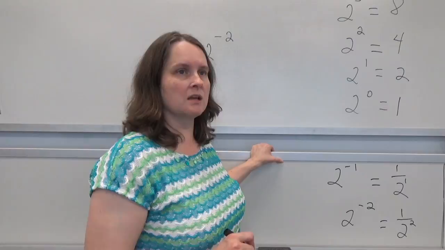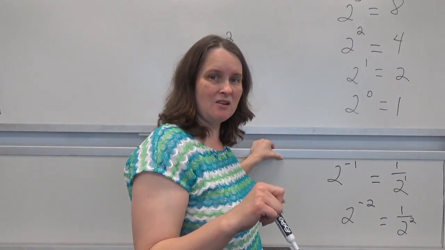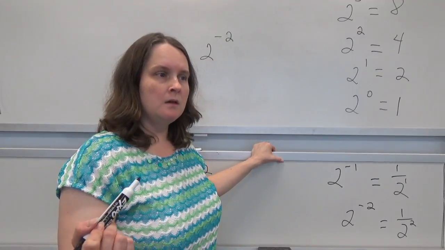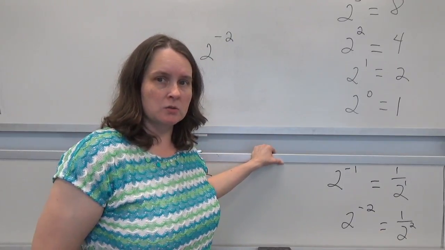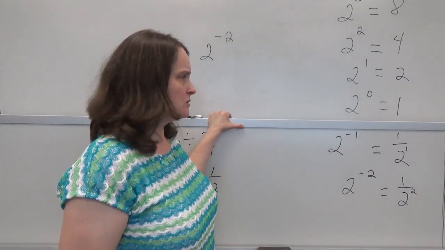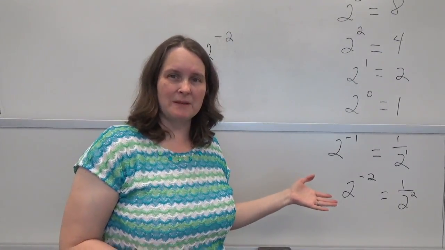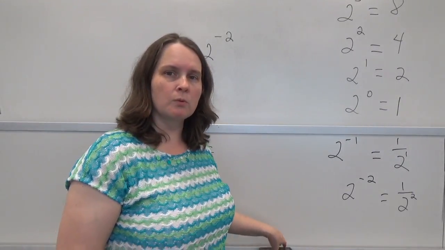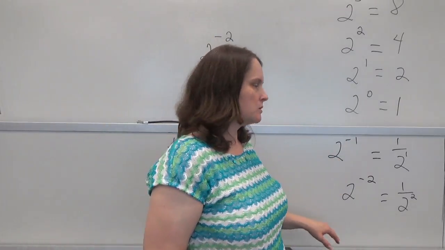So if it started out as 2 to the negative second in the denominator, move it to the top, and it'll be 2 to the positive second in the numerator. We don't like negative exponents. Leaving a negative exponent in a final answer is kind of like leaving a fraction that's not been simplified. We don't want to do that. So we're going to have to make sure that we're comfortable manipulating these negative exponents.